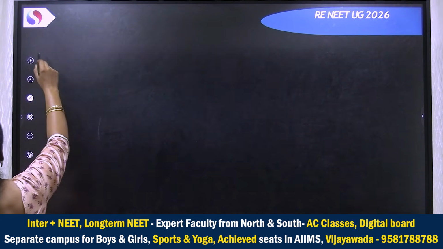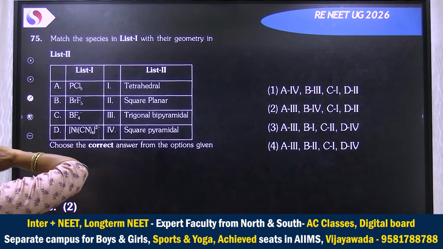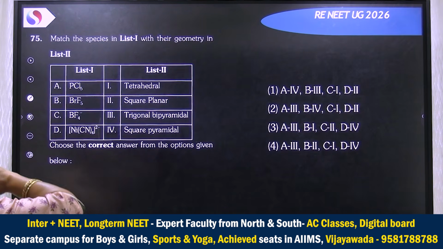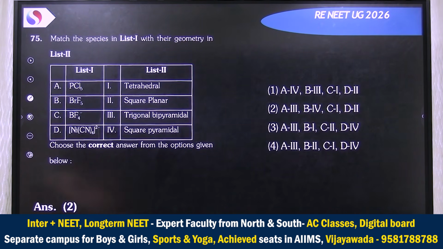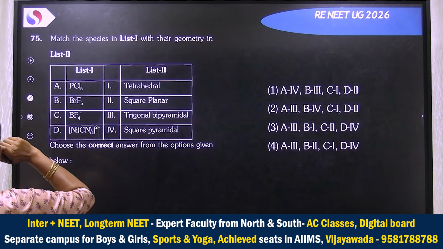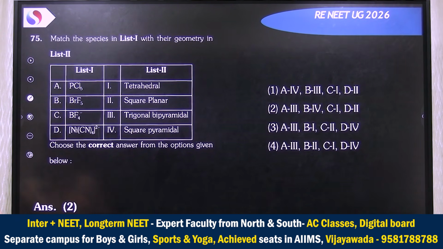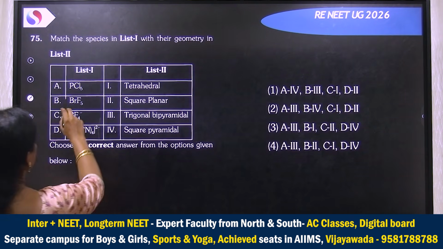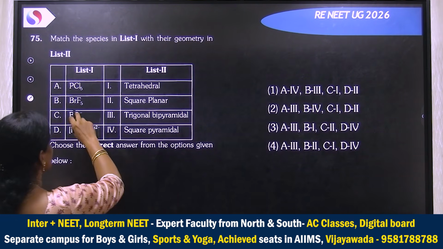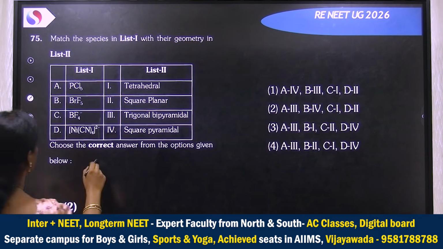And next one is: match these species in list 1 with their geometry in list 2. So it is from chemical bonding and hybridization concept, and VSEPR theory also included. PCl5, phosphorus pentachloride. So PCl5, we know it is trigonal bipyramidal geometry.